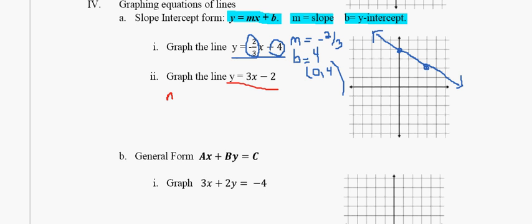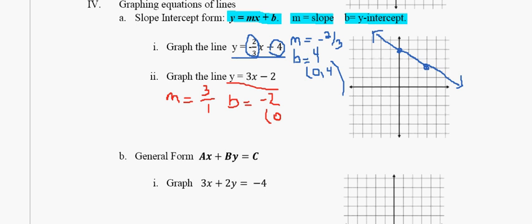Again, put my arrows. Okay? And the next line. This slope is a little different. The slope is 3. Now remember, for slope, we need rise over run. 3 is exactly the same as 3 over 1, which means I'm going to rise 3 and run 1.